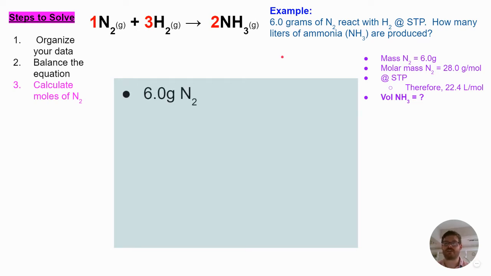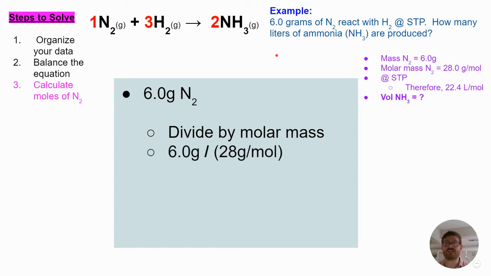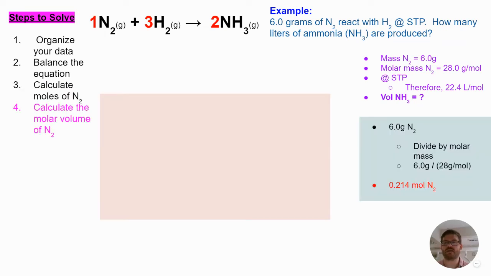How to do that? So we're starting with 6 grams of nitrogen. We need to divide by the molar mass to get moles. So that's 6 grams divided by 28 grams per mole. It's going to give us an answer of 0.214 moles of nitrogen. Next, calculate the molar volume of nitrogen.